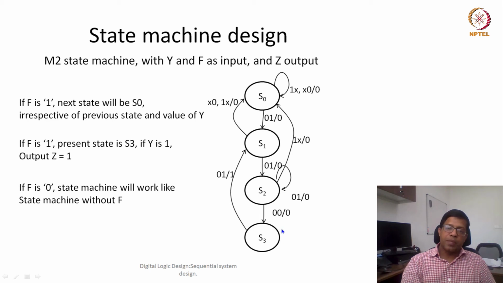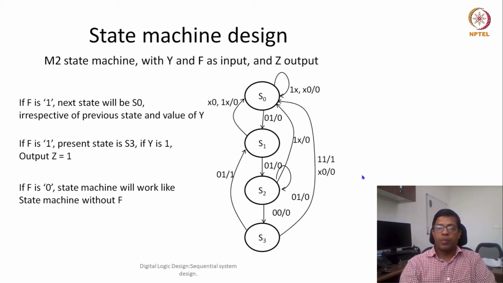So what about S3? The S3 case is a little interesting because although my f could be 1, if my input is 1, then it can go to the S0 state with the output of 1. So if f is 1 but input y is also 1, then the output is going to be 1, and it goes to the S0 state.